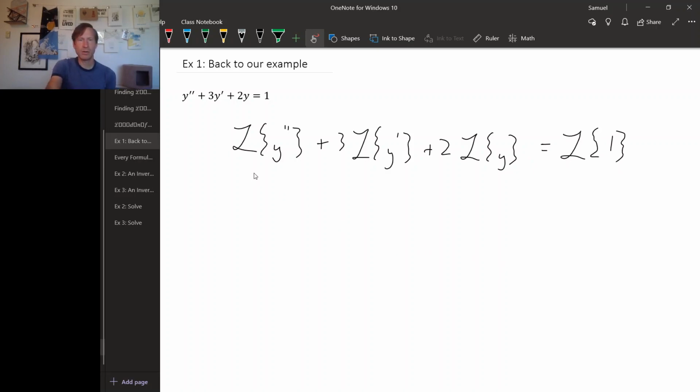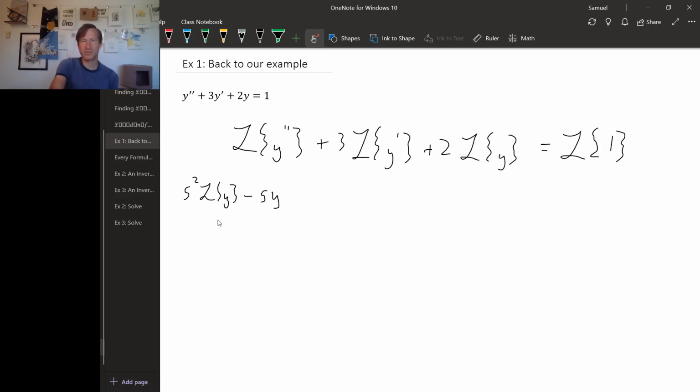Okay, now the Laplace transform of y double prime, we know what this is now. That's what we worked out in the last video. So this is s squared times the Laplace transform of y, plus minus, and then the power on s goes down by 1, and the number of derivatives goes up by 1.